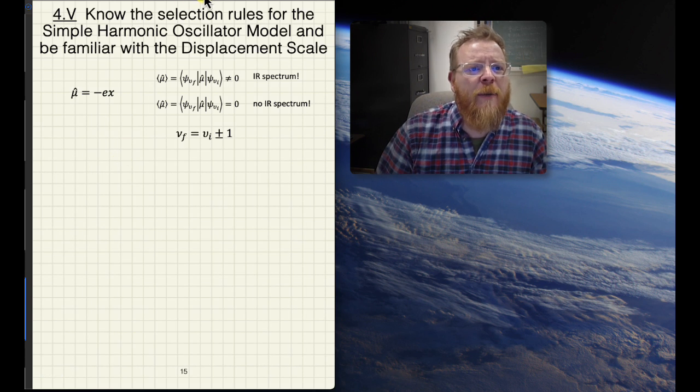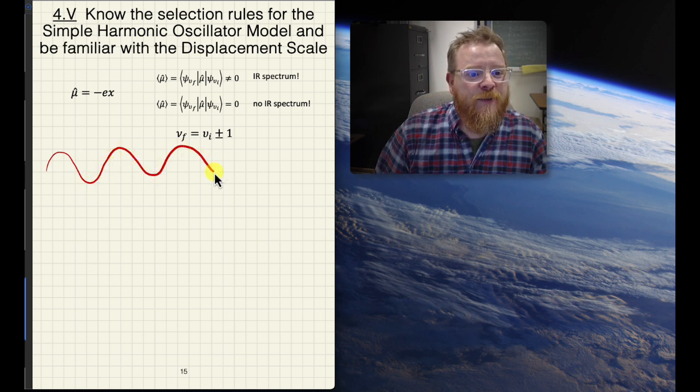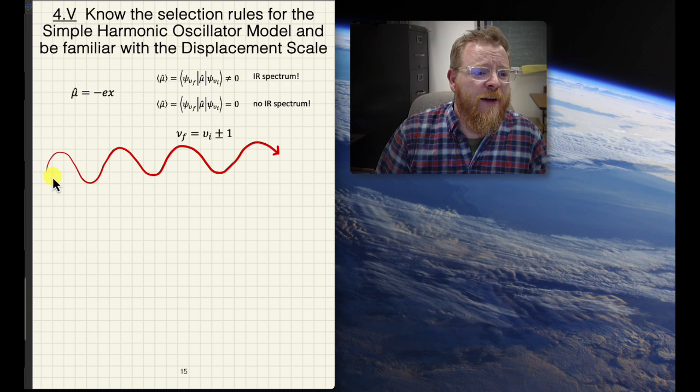So if we think about our oscillating electromagnetic field, which is light, right? And we subject a molecule to this oscillating electromagnetic field. And if there is a permanent electric dipole moment, then as this molecule interacts with this oscillating electromagnetic field, the field can induce compression and expansion of our bond.